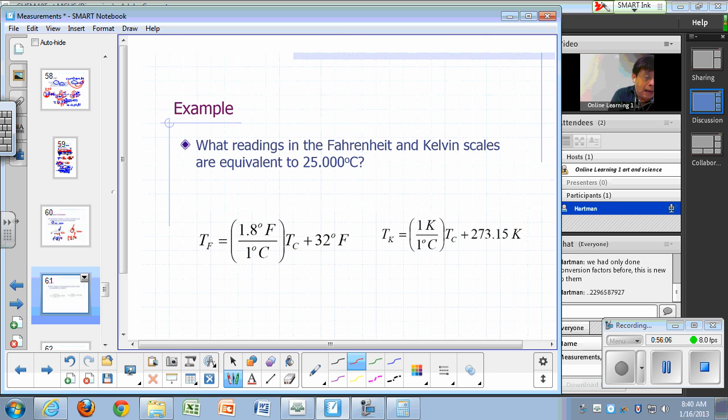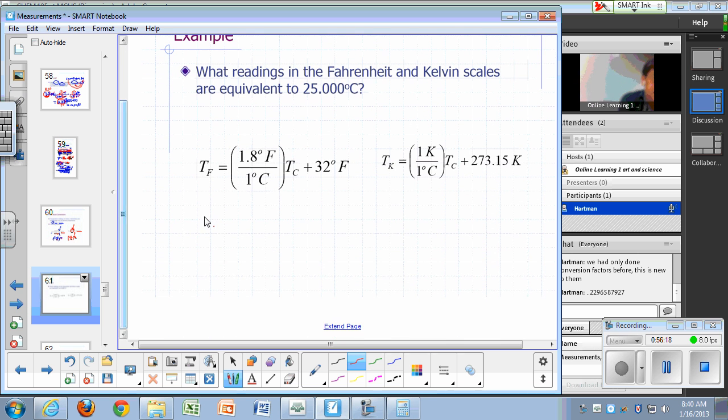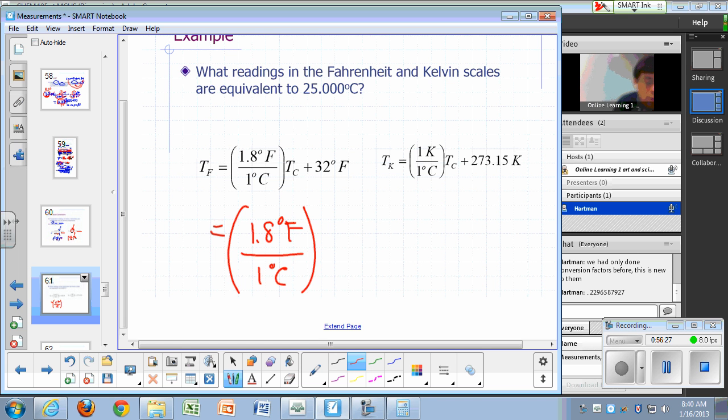All right. Now, let's do some calculations here. 25 degrees Celsius, typical laboratory temperature. What would that be on the Fahrenheit scale? So you plug in the numbers. 1.8 degrees Fahrenheit over 1 degree Celsius. These numbers, 1.8 and 1, are exact, multiplied by the temperature in Celsius, which is 25.000 degrees.